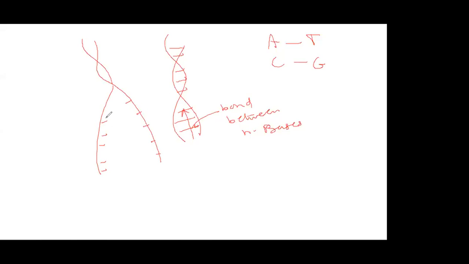So each side will be used as a template to build a new strand. For example, if the code here was A, T, T, C, G, we're going to build a new molecule. Here, let's make it another color. Let's start. If that's G, what should we combine with G?